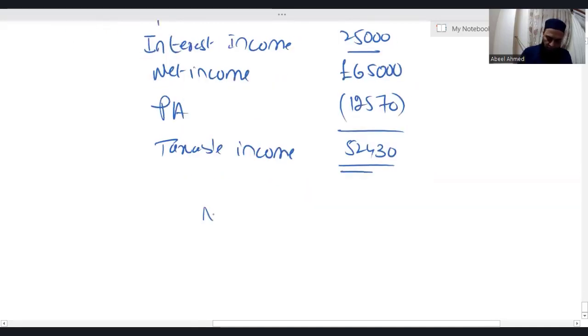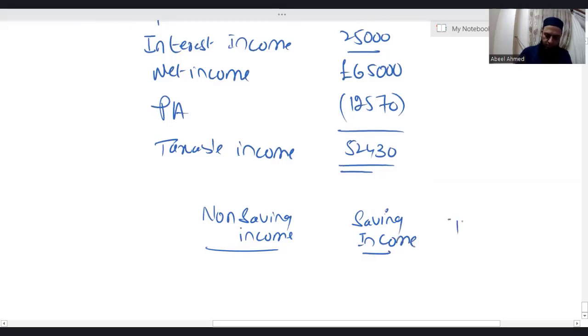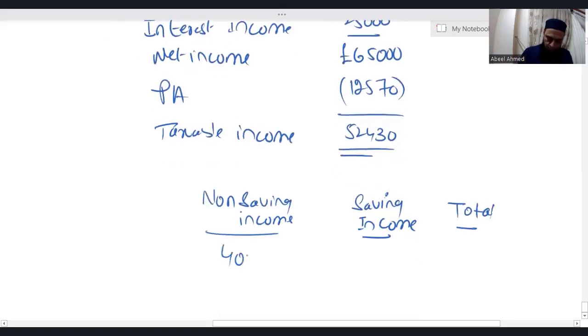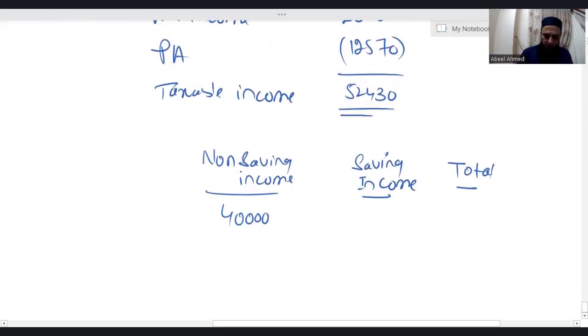Now let's calculate the tax. Non-saving income, saving income, total. Employment income is 40,000. Interest income, saving income, is 25,000. The total is 65,000.